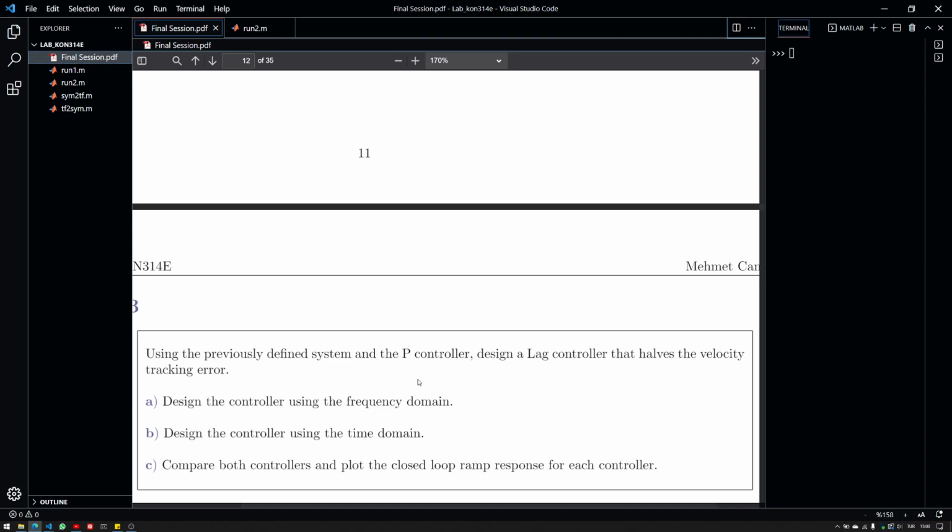Now the definitions of those errors are pretty straightforward, and you can work them out by examining the steady state, using the final value theorem.